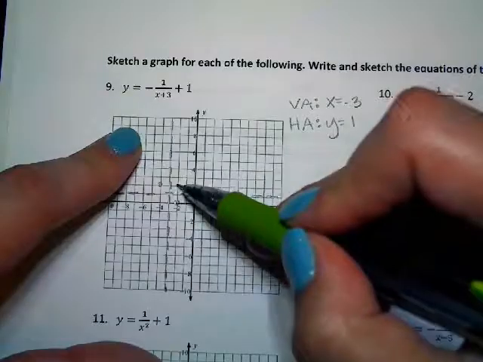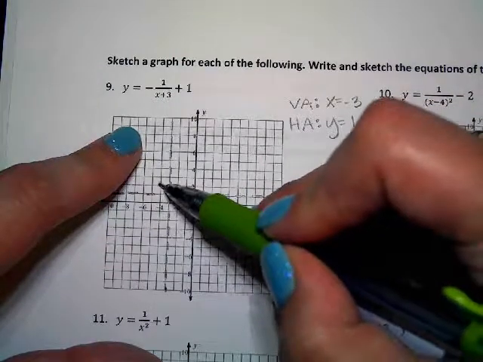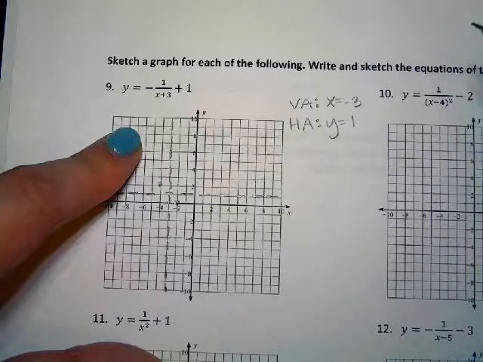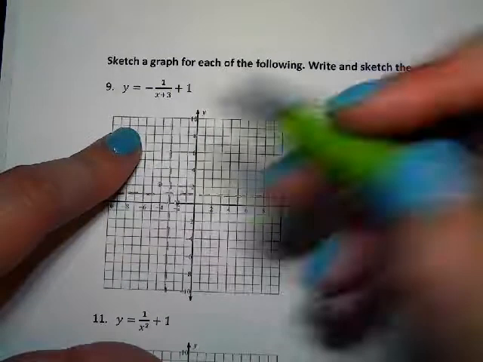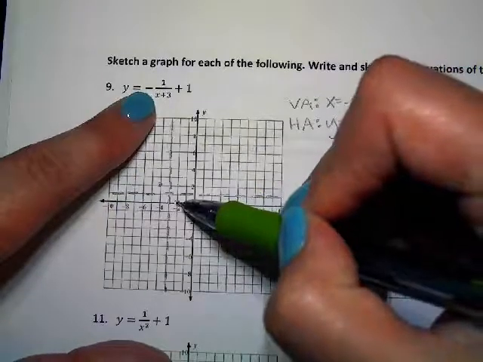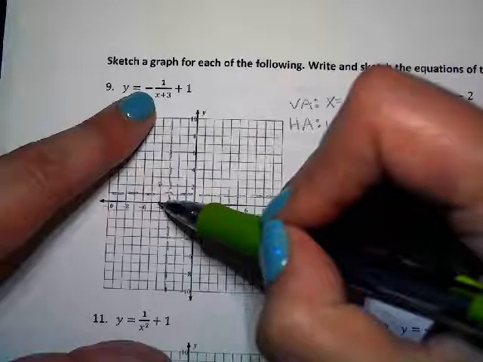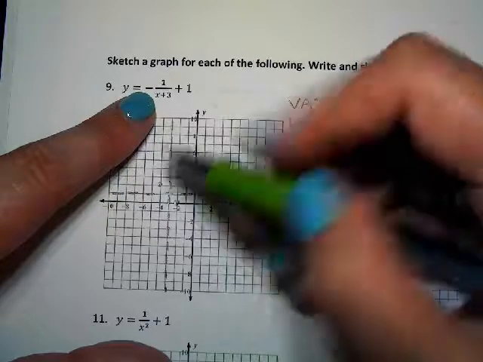Are we okay with that? Did I mess with anyone's brain too much? So +1, +1, because we're doing the negative version, we just went down here. -1, -1, because we're doing the negative version, we just went up here. Okay, am I good? Are we good? Okay. And then from there, we just follow the asymptotes.